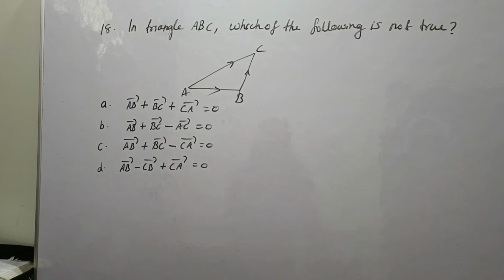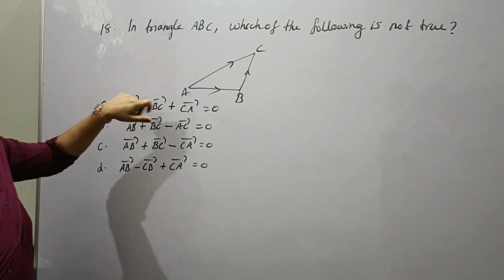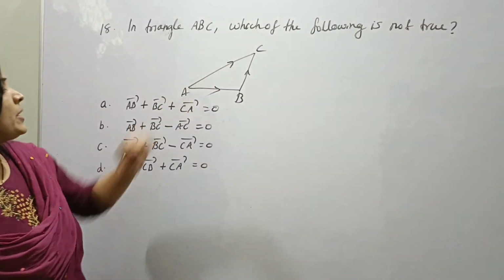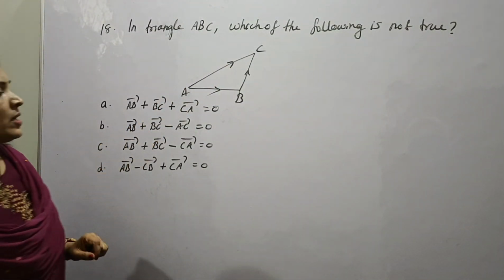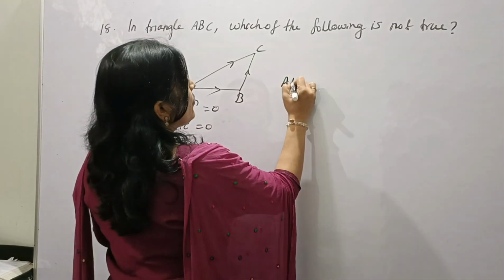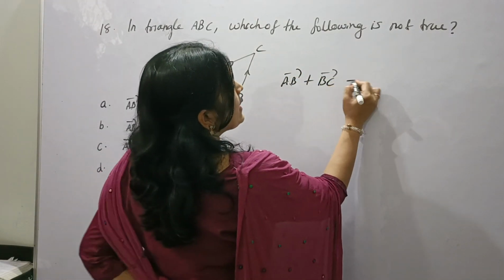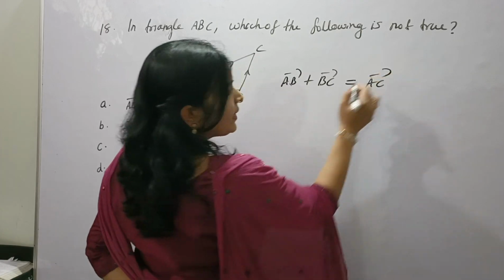In triangle ABC, which of the following is not true? Here, vector AB plus vector BC plus vector CA is equal to 0. See, first of all, let's write by triangle law of vector addition: vector AB plus vector BC is equal to vector AC, right?